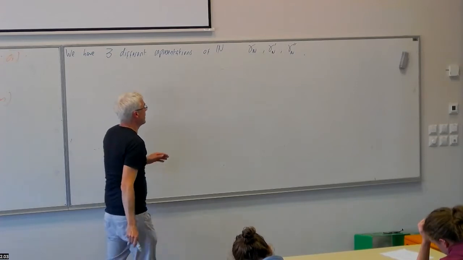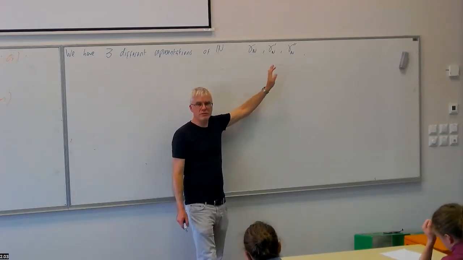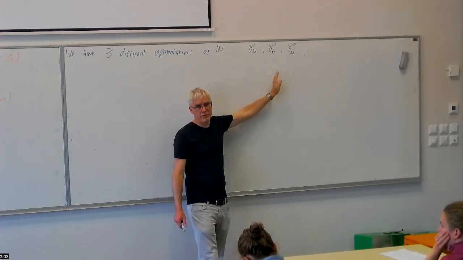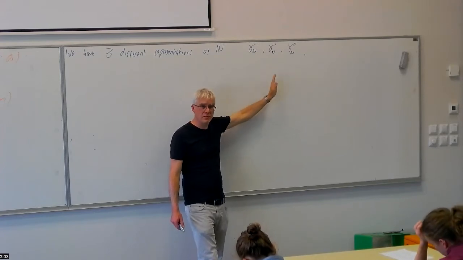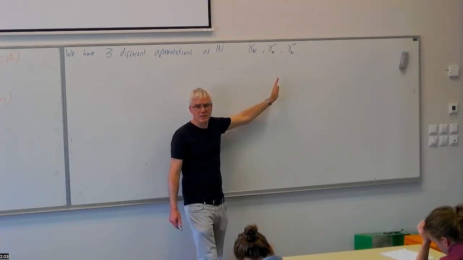So what I want to show you now is how, using this style of representation, we can give a uniform definition of what it means for a total function or a partial function on the represented set to be computable.